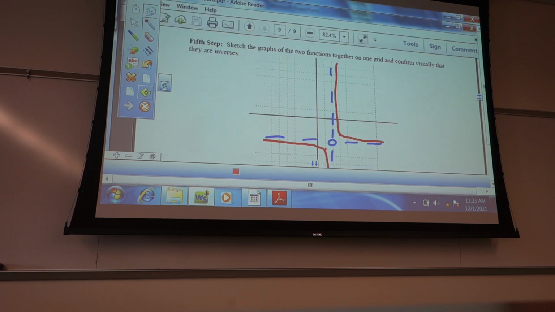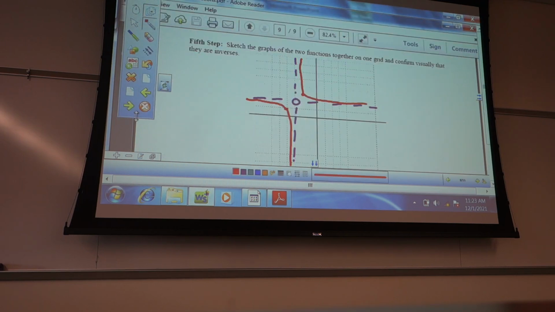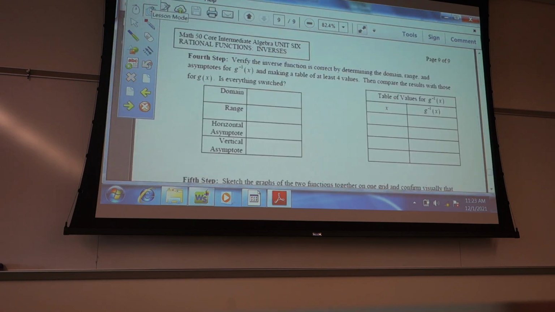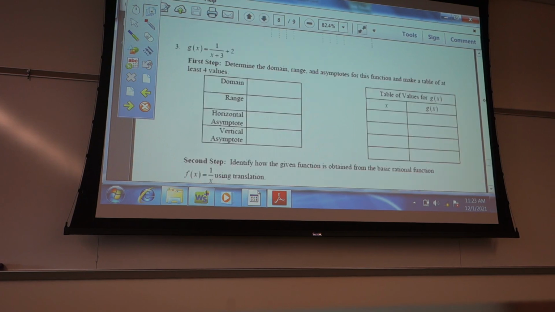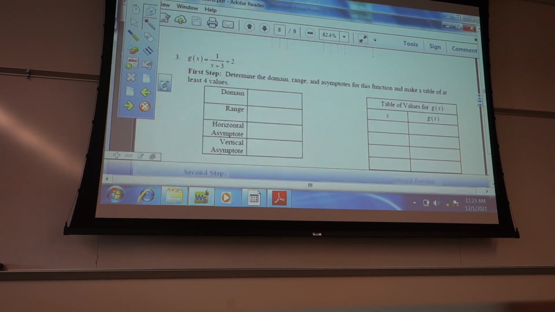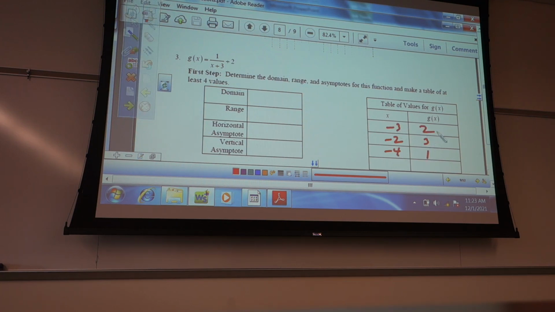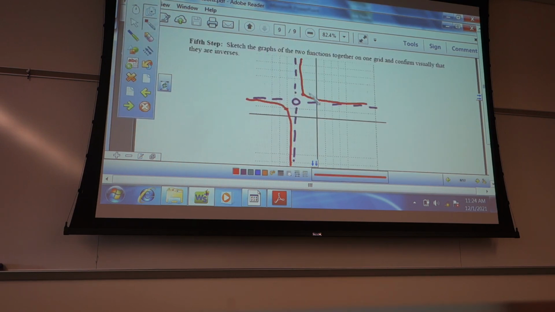Okay, so then we're going to go back to the first one, the original function, and say, okay, what are the other points? It's -2, 3, -4, 1. Fill those in. This came from -3, 2. And then my domain, let's see, x can be everything. X can't be -3.